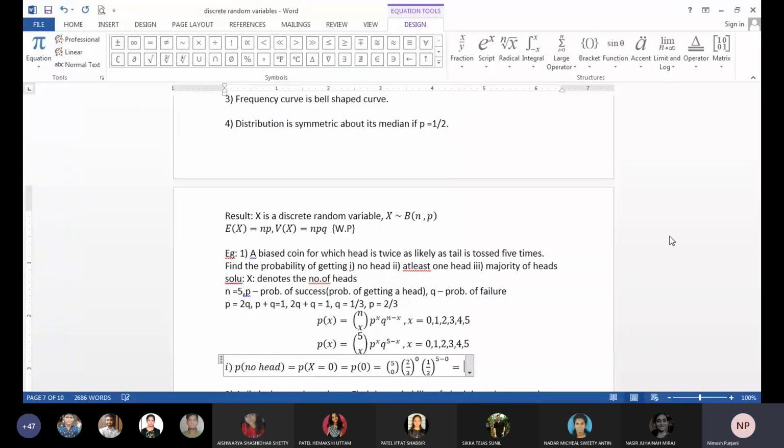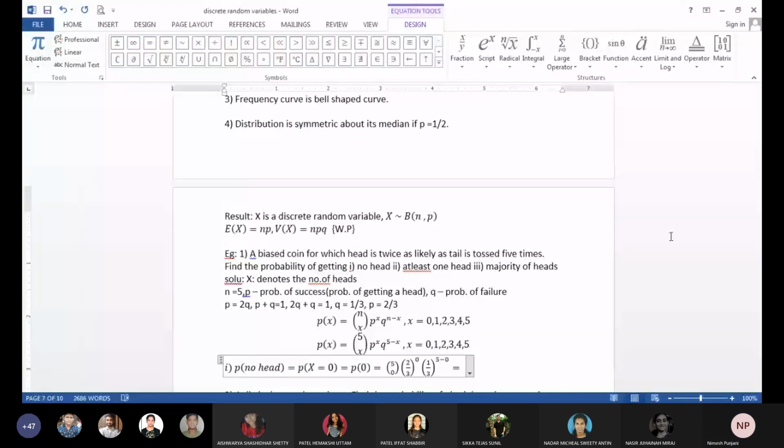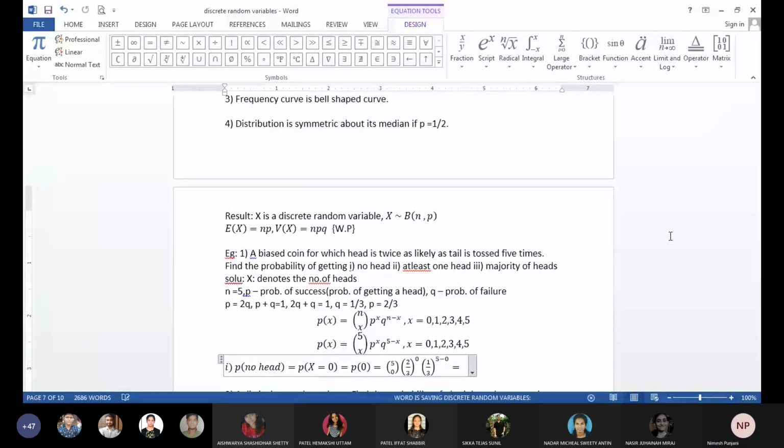So what is the value of 5C0? Is 5C0 how much? 1.